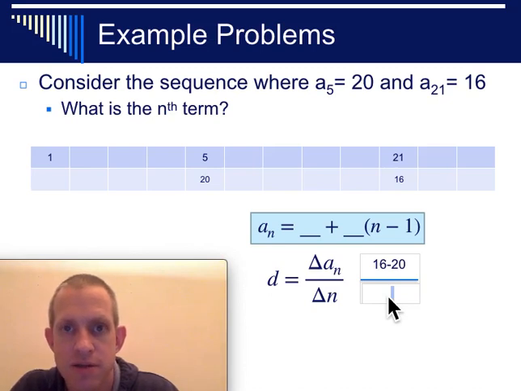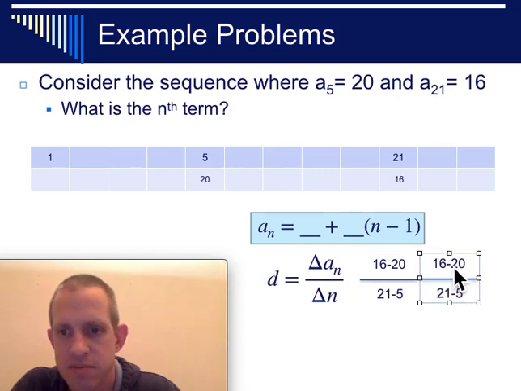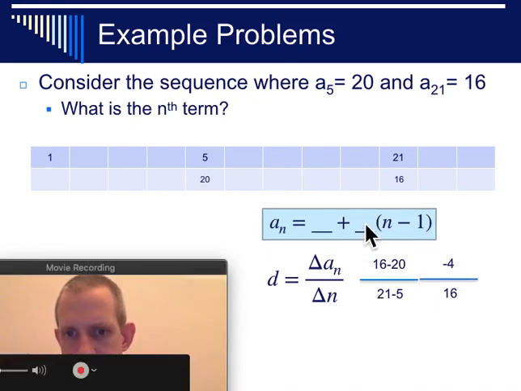And I want the change in n, so I'll do 21 minus 5. And that gives us the fraction negative 4 over 16. And that reduces to negative 1/4. And so let's put in a negative 1/4 for our common difference here.